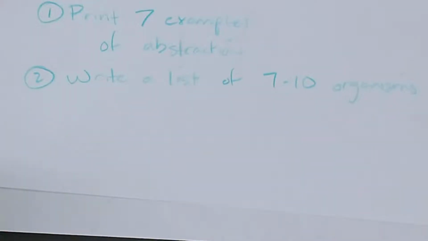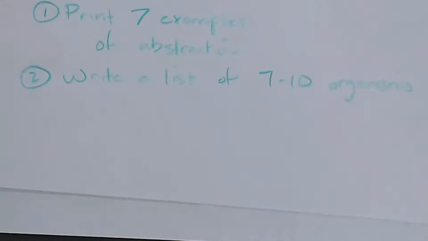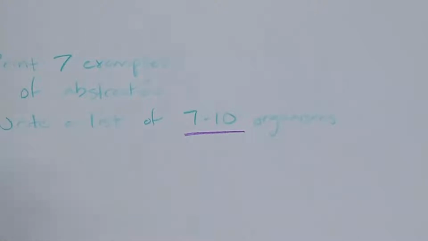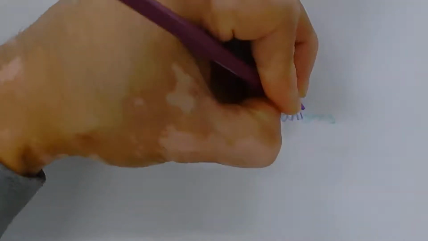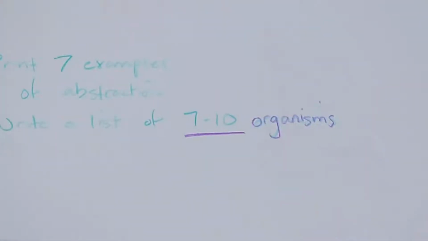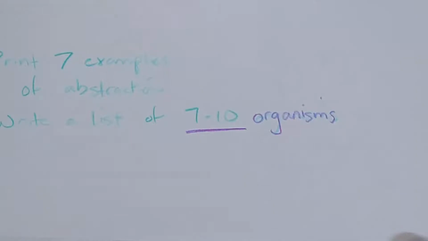Oh man, that's hard to see, isn't it? I'm going to write a list of 7 to 10 organisms that you come up with. These don't have to be related to the 7 pictures that you find online, your 7 examples. These are your very own organisms.